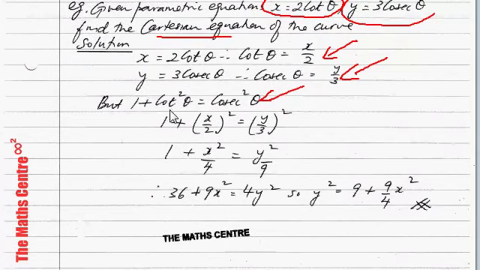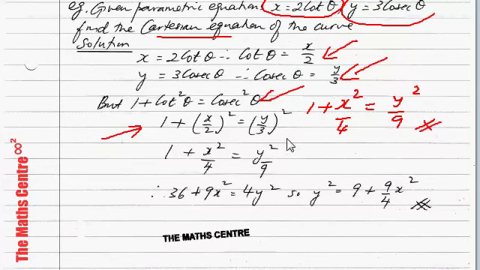We know that cotangent theta is x over 2, so I've written it as 1 plus (x over 2) squared. Cosecant theta we know is y over 3, so (y over 3) squared. So I can write this as 1 plus x squared over 4 equals y squared over 9. Now we are done.